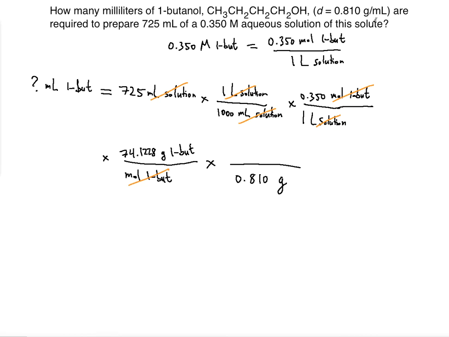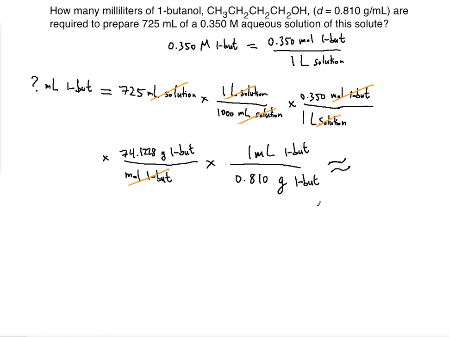When you perform conversions, you can actually switch your units if you are required to do so. So you will need to have the units of grams in the denominator, not the numerator, and on the top you will have 1 milliliter of 1-butanol.